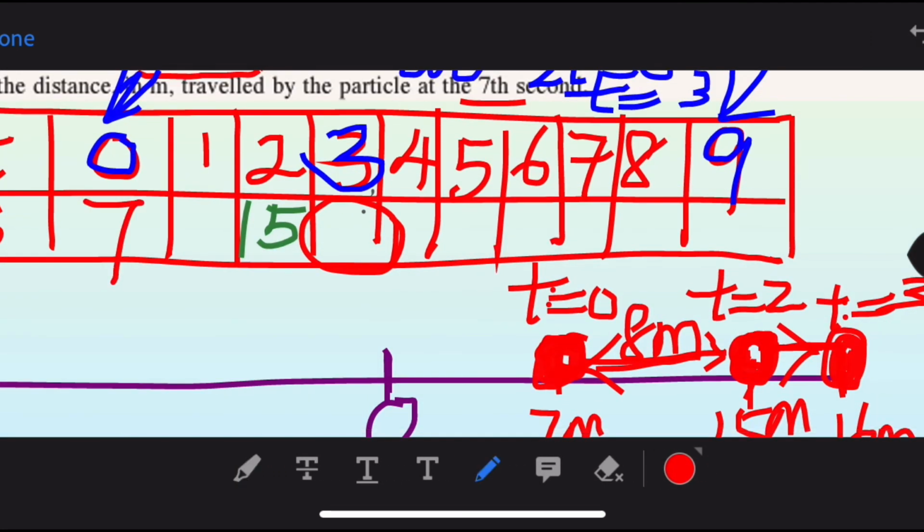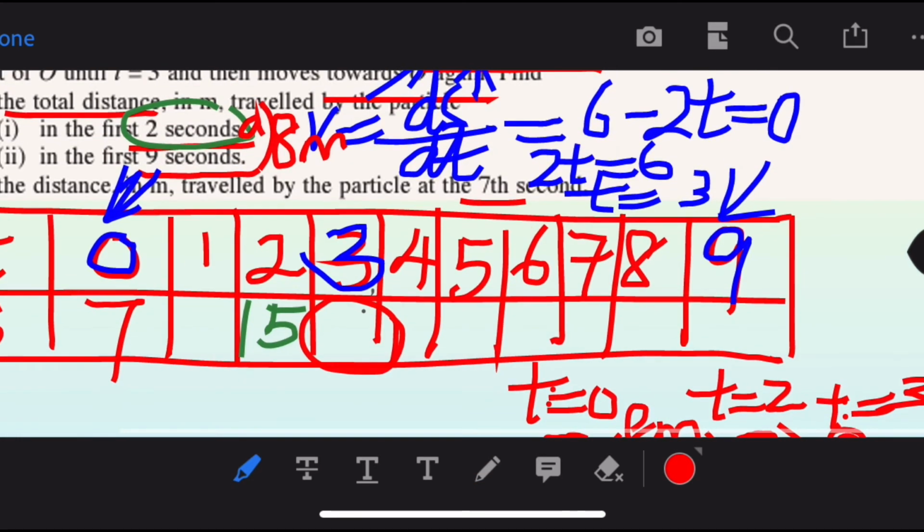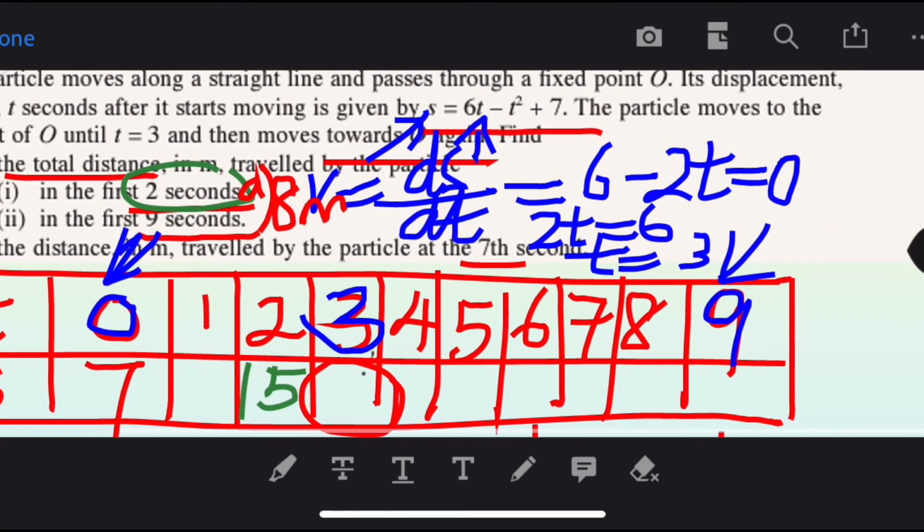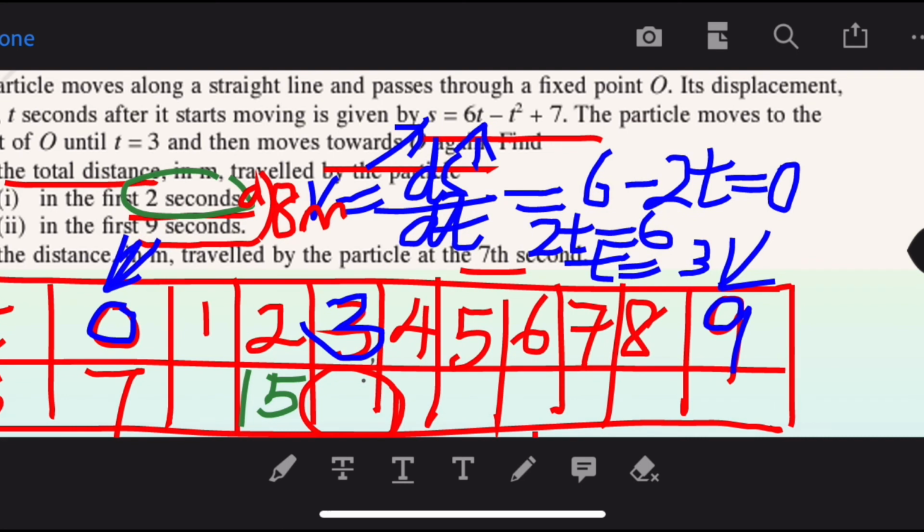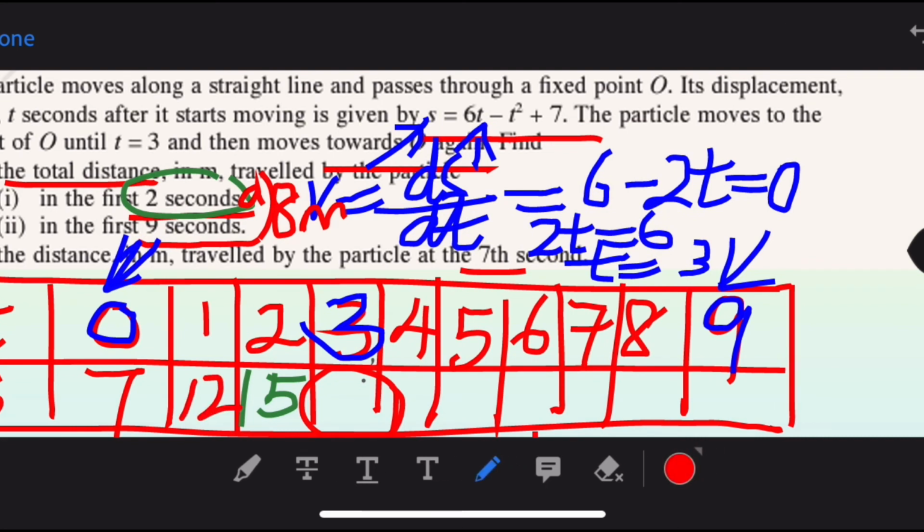For t equal to 1, we substitute: 6 minus 1 is 5, so it is 12. If I want to find out t equal to 4, it is 6 times 4 minus 4 squared plus 7, so I got 15. Then t equal to 5, 6 times 5.